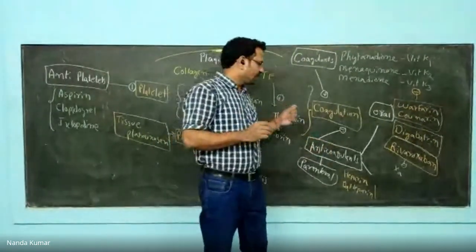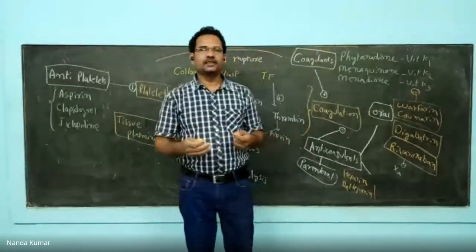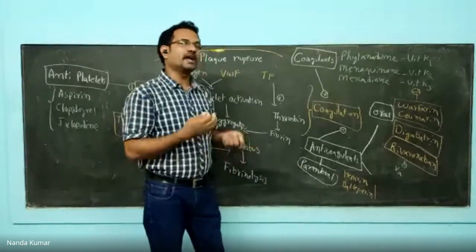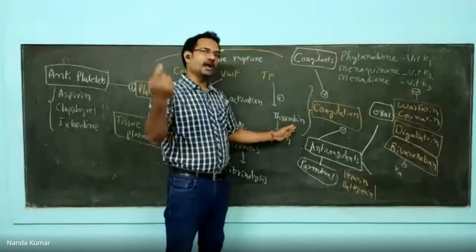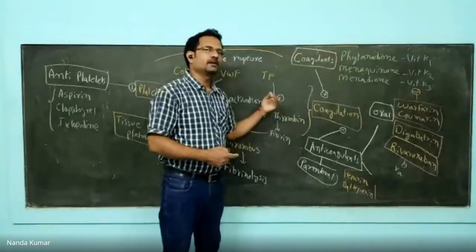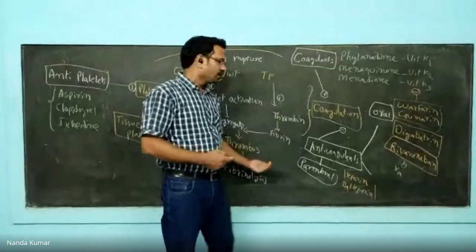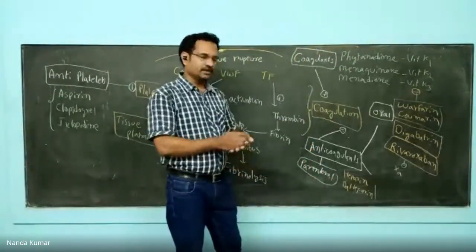The reason is heparin and dalteparin, when they are taken, activate a factor called antithrombin. They are not directly acting and inhibiting thrombin, they are activating antithrombin. The job of antithrombin is to bind with thrombin and block the formation of fibrin. Because they are acting indirectly, they are known as indirectly acting anticoagulants.